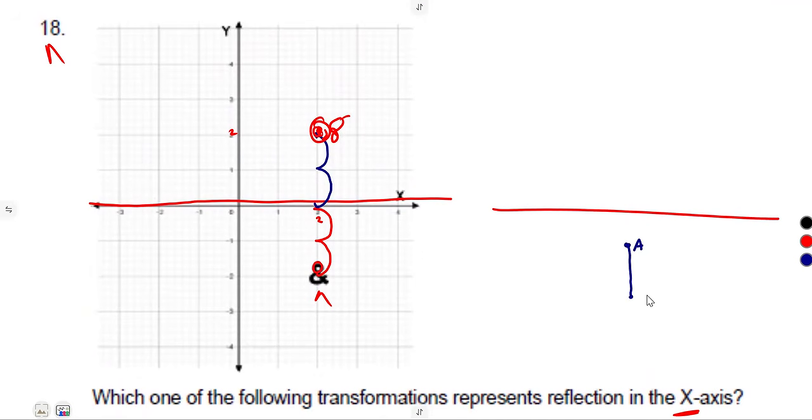This is A, this is B. When you reflect it in the x-axis, it follows that A will move a certain distance to the x-axis. It will move the same distance going up. So you find that here it will be our A bar. The B will move the same distance to the x-axis, from the x-axis to the image, same distance. So you find B bar on the top there.